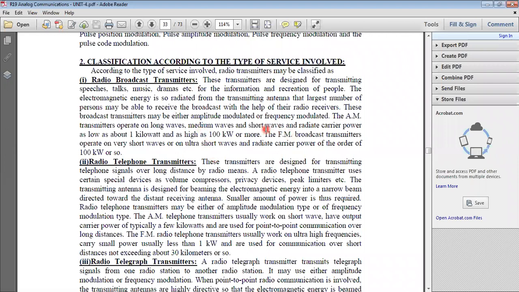Already you know AM transmitters are operated in the long wave, medium wave and short wave, which have a very low carrier power, about 1 kilowatt. The high power used in AM radio broadcast transmitters is 100 kilowatts.